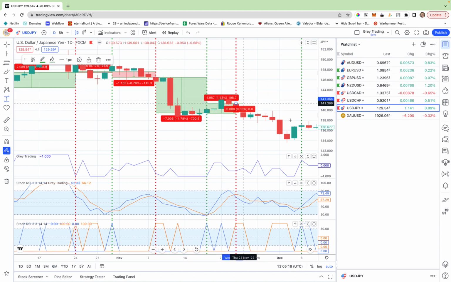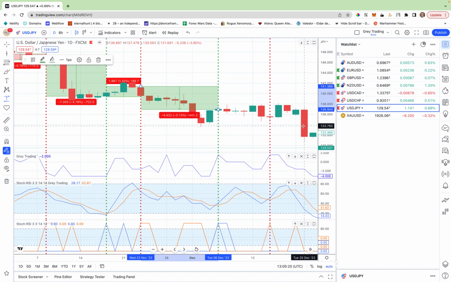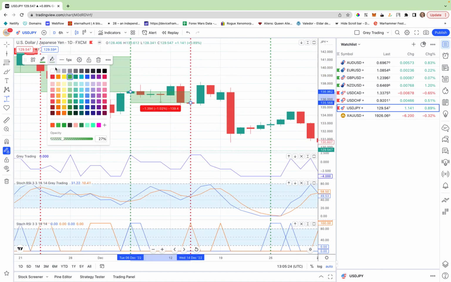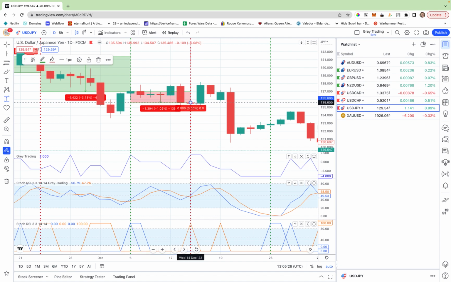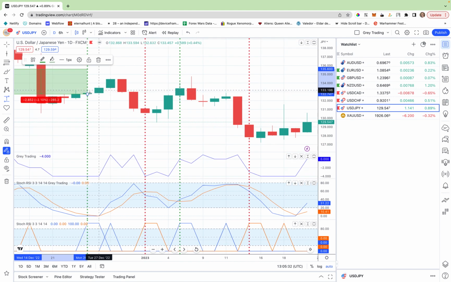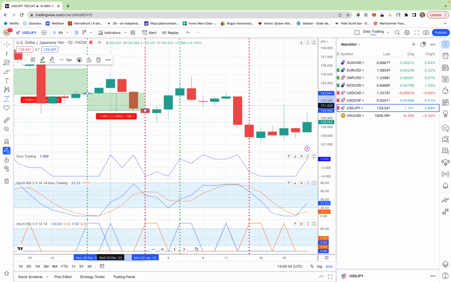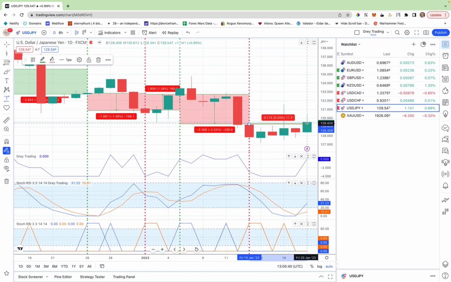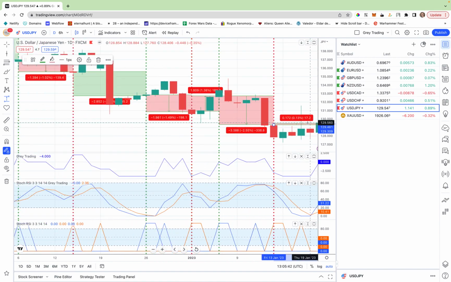Then 1.4, followed by another 3. Slight loss there. Gain. Okay, so that's it, all done.